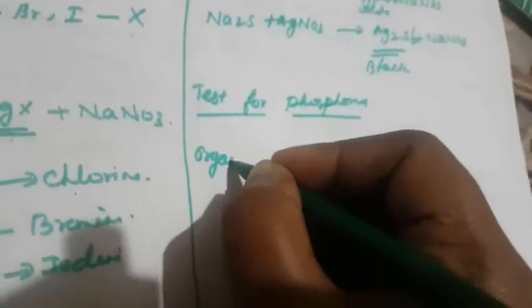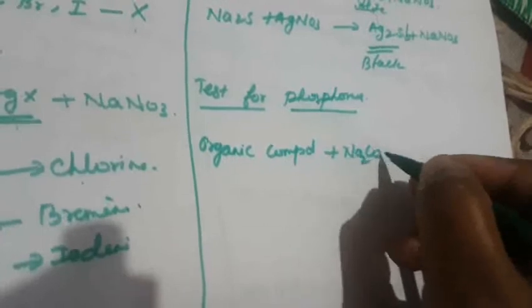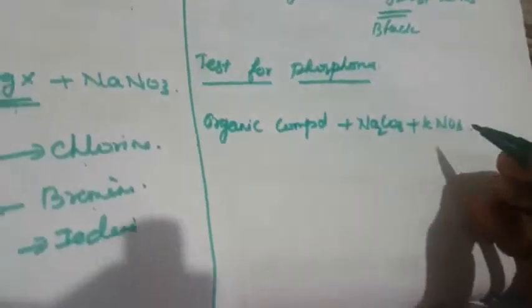Next one is test for phosphorus. The organic compound is heated with sodium carbonate plus potassium nitrate.